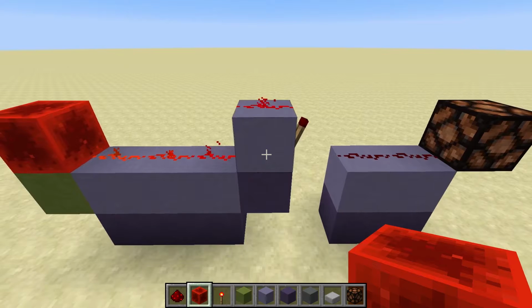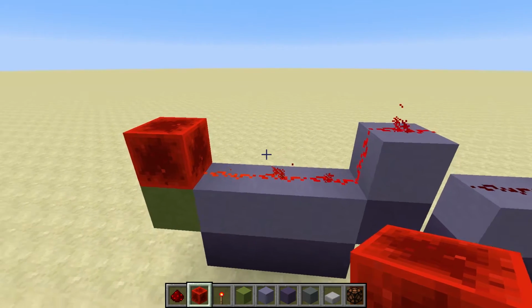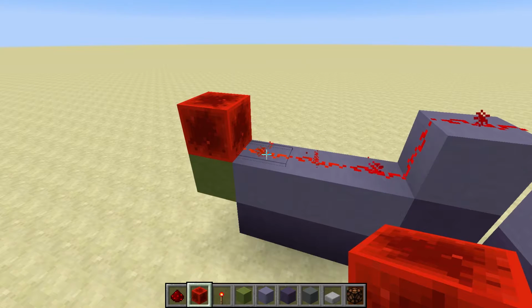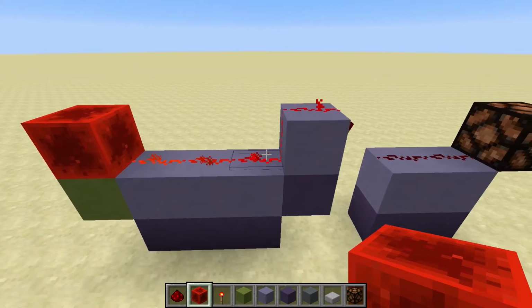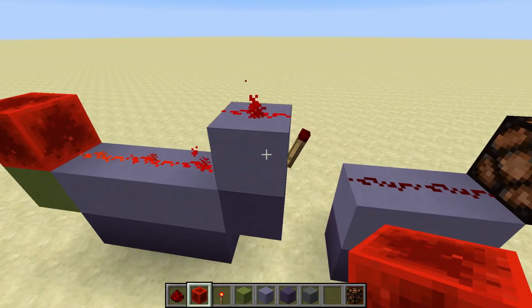This simple circuit is known as an inverter. We can see in the first half of the circuit that this redstone block powers the redstone dust next to it. The redstone dust then continues to transmit it up onto this block.